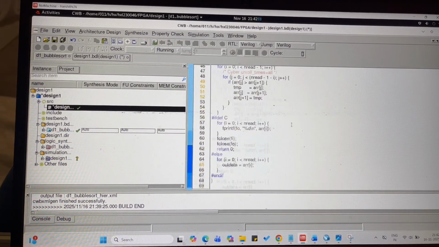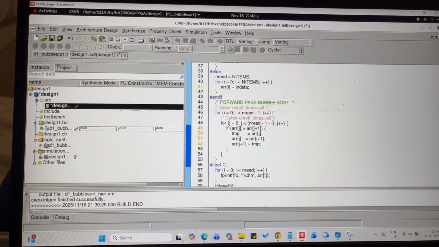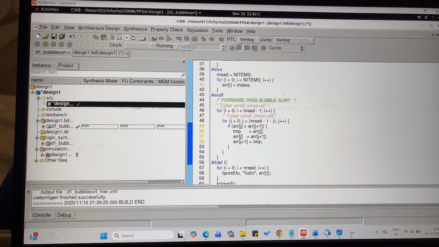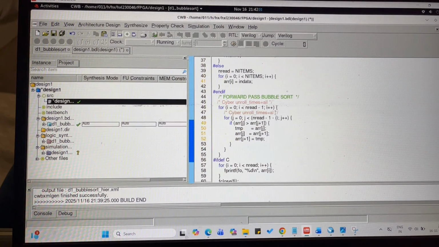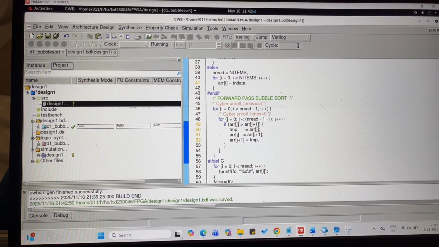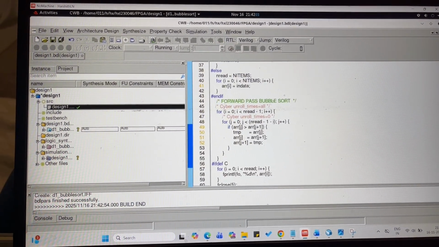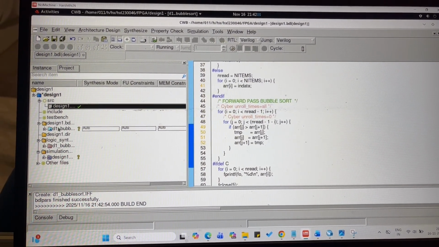And let's try unroll times. Let's make the inner loop unroll times as 0. Let's tell the tool not to do any unrolling. Let's save this, then analyze and synthesize it again.